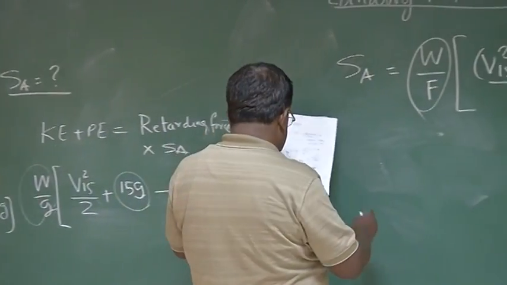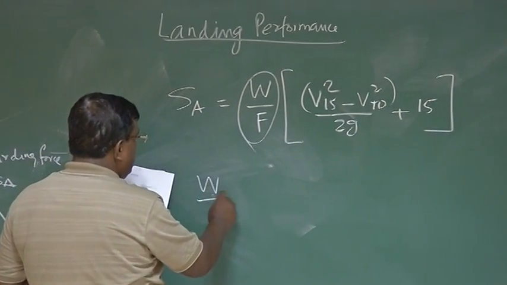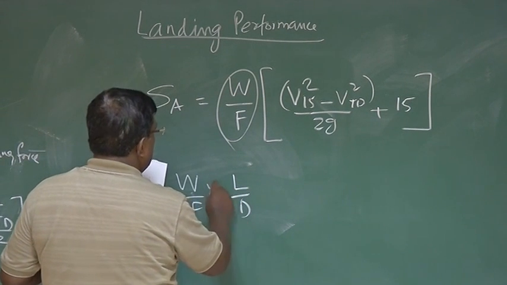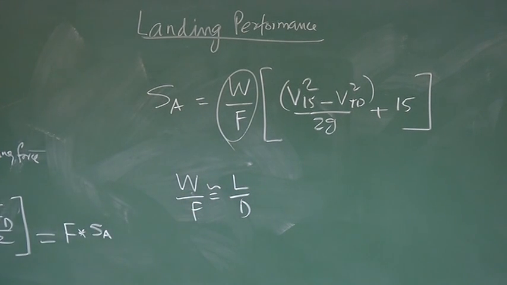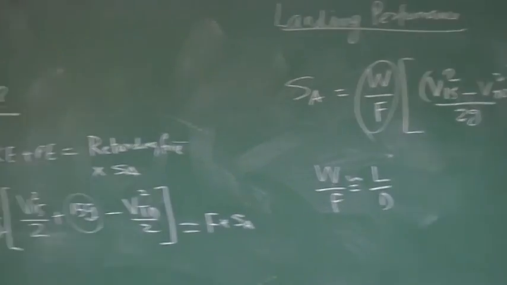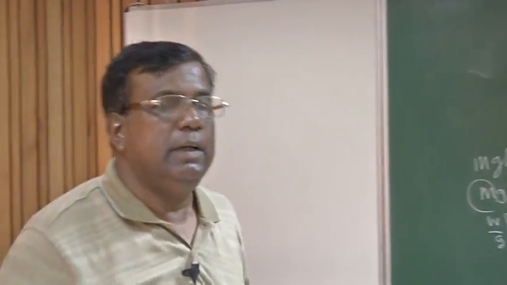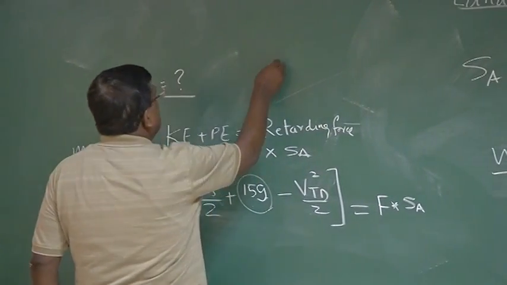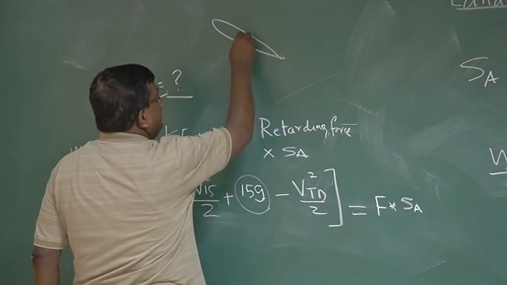Okay. What is being approximated is that the retarding force is primarily the drag, and for all practical purposes, lift is equal to weight. You also understand that lift is not exactly equal to the weight during the gliding. If this is the gliding, they are coming down.